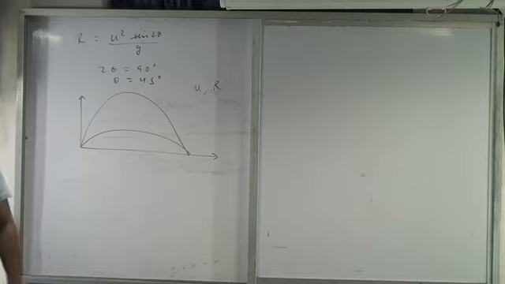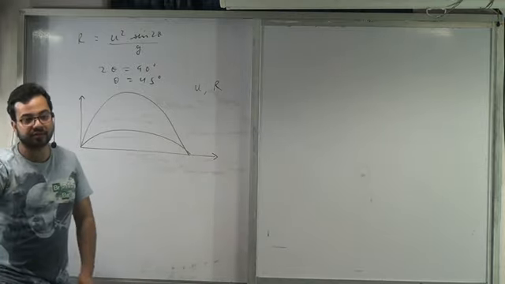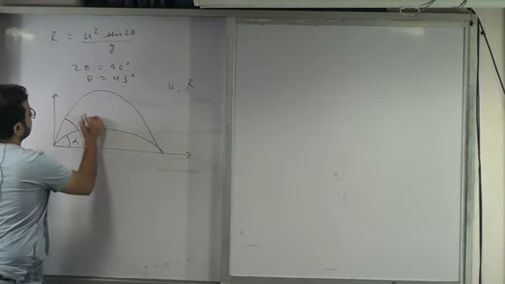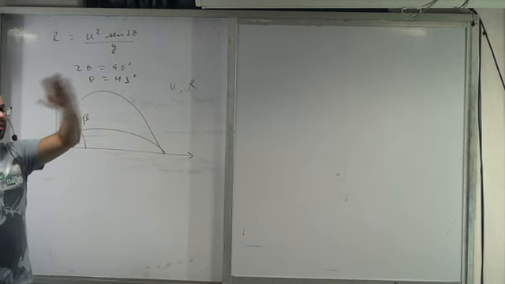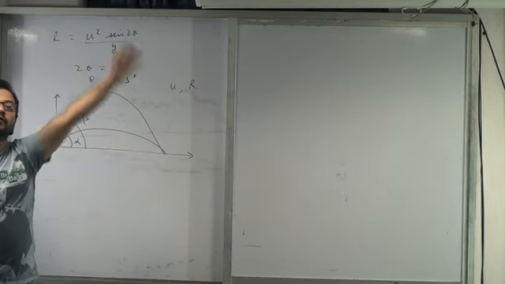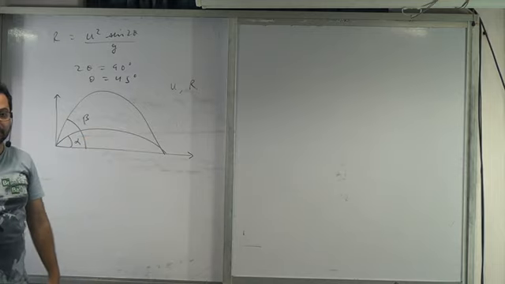For a given u and for a given r, I'll have two angles of projection. One will be called alpha, the other will be called beta. For example, I'm throwing it with 10 meter per second and the range is, let's say, 100 meter. So I can throw it at two angles for this to happen.